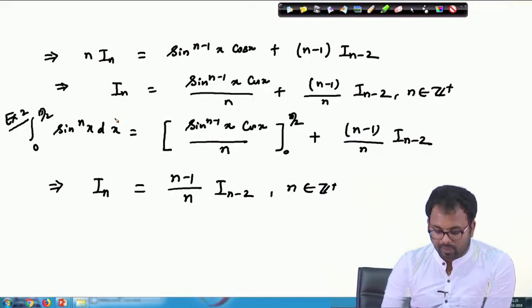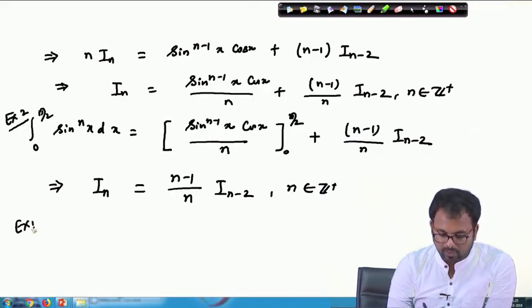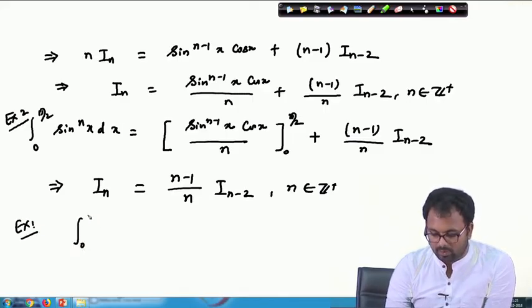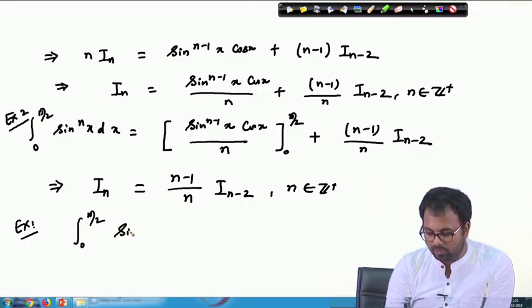So for example, let's say we are asked to calculate the integral from 0 to pi by 2 of sine to the power 5x dx.